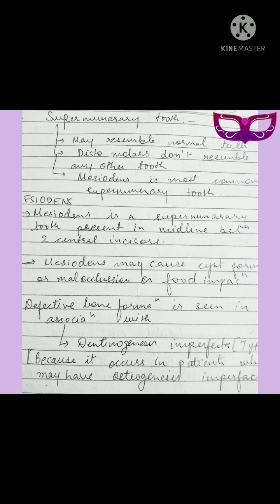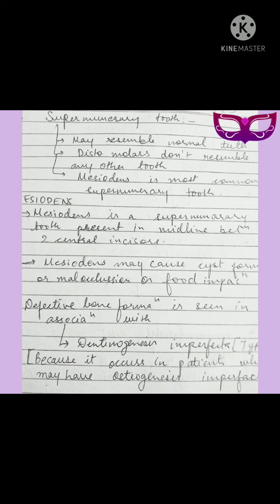Okay. So the next question is, which dental anomaly can you see with an associated disease of defective bone in the body? So mostly it is dentinogenesis imperfecta, because dentinogenesis imperfecta type 1 is generally associated with osteogenesis imperfecta.